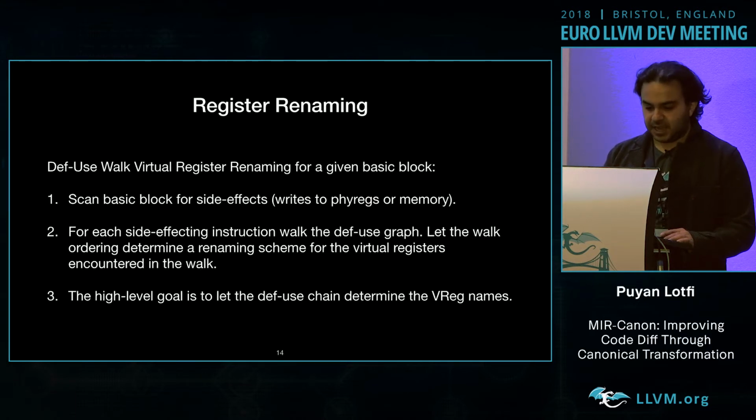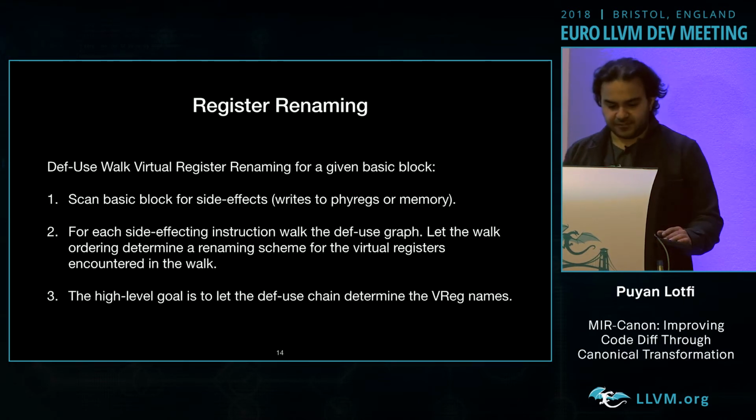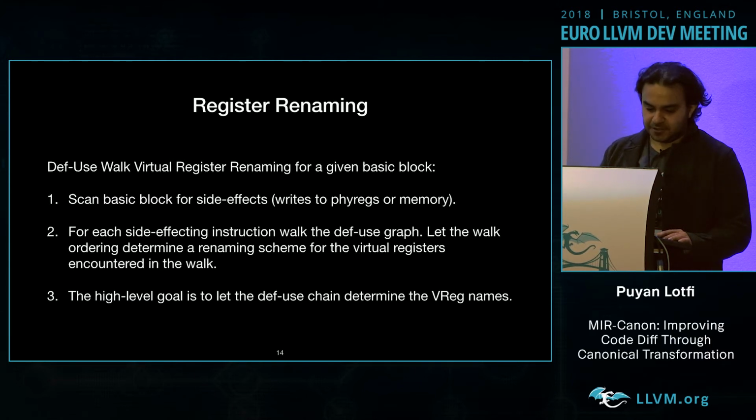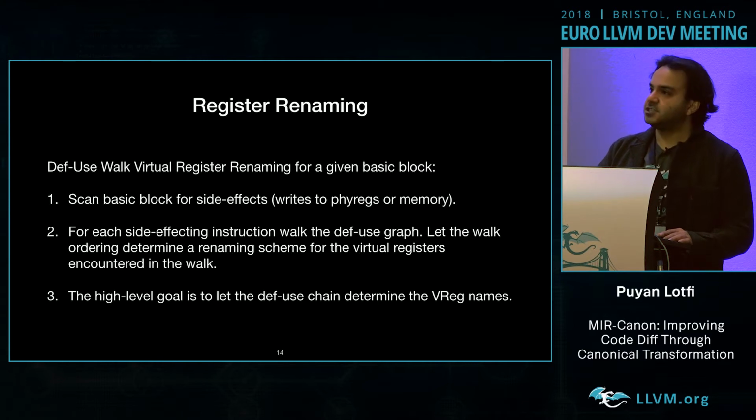Then for each side effect that we process, we walk the def use graph rooted from that side effect. As we walk up, we generate new names for the VREGs as we encounter them. The high-level goal is to allow the shape and placement of a def use chain stemming from a side effect to dictate the new names for the VREGs in the program.